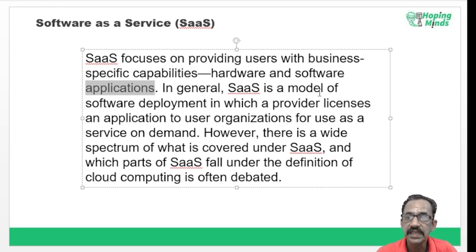So in general, SaaS is a model of software delivery in which a provider licenses an application to the organization for use as a service on demand.